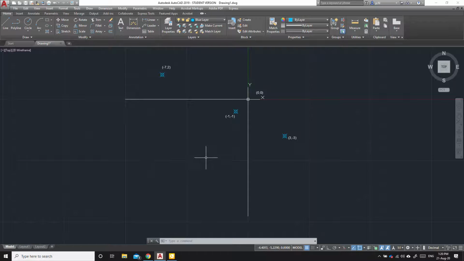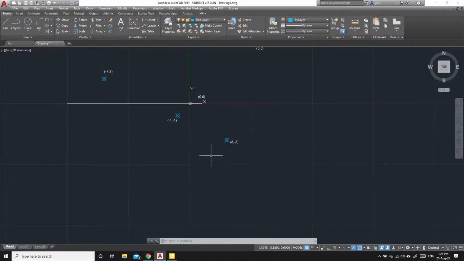So any coordinate in quadrant 3 is going to be a negative x and a negative y. This is the format that you typically write your coordinates. You would do brackets, your value, comma, value, and then close the brackets. When inputting in AutoCAD, you would forget the brackets and just use the values.